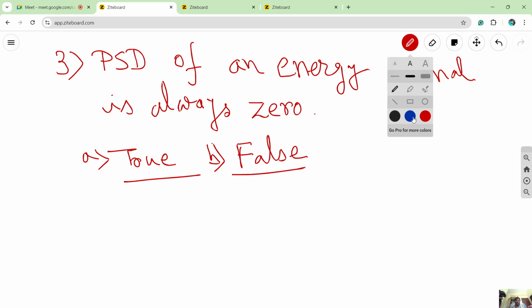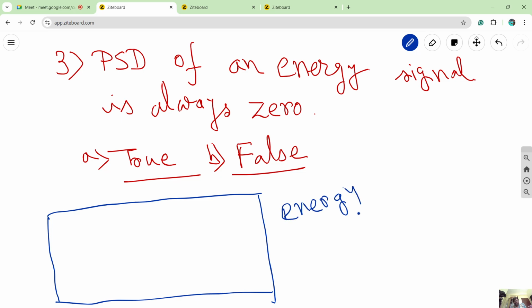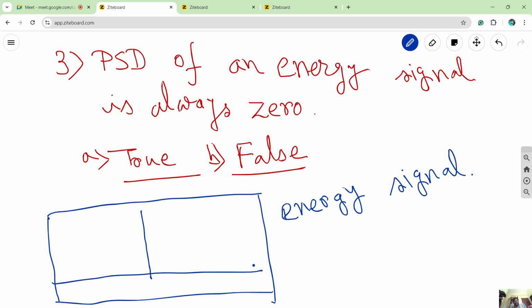So here it will become more clear what the differences between ESD and PSD are. So we talk about the framework, that is, energy signal. Once we talk about an energy signal, in the time domain we can see that the signal is, sorry, time limited.